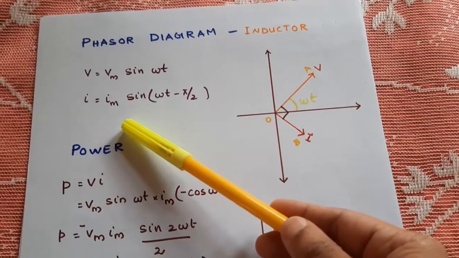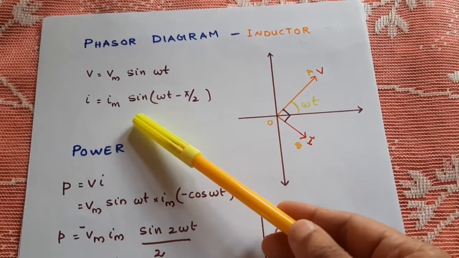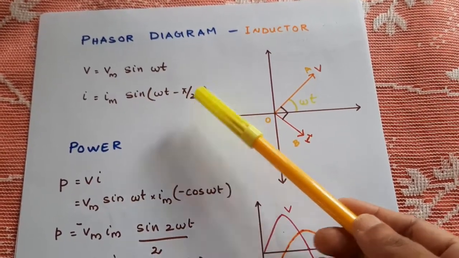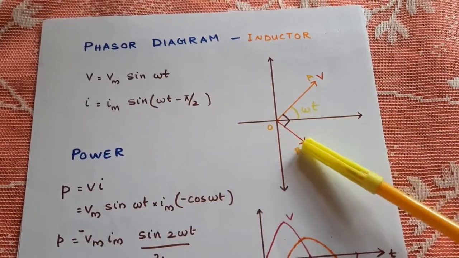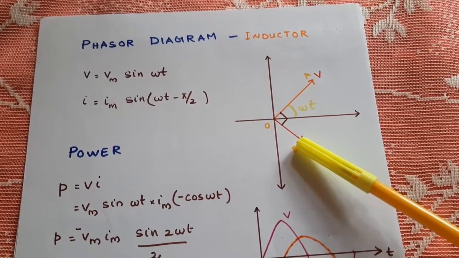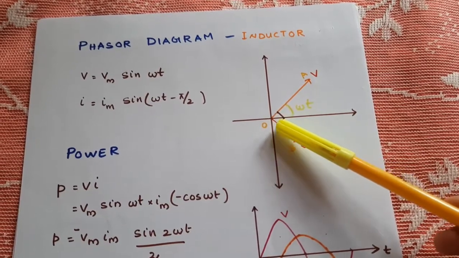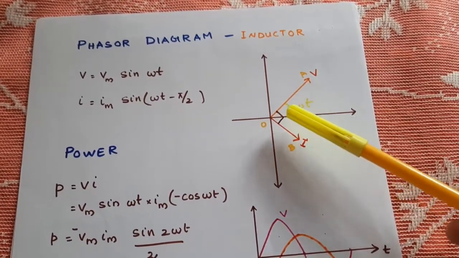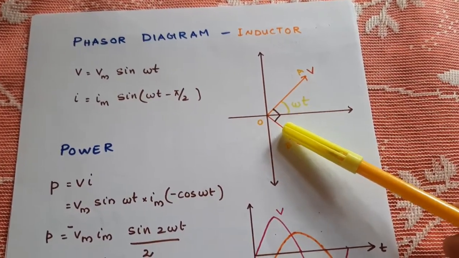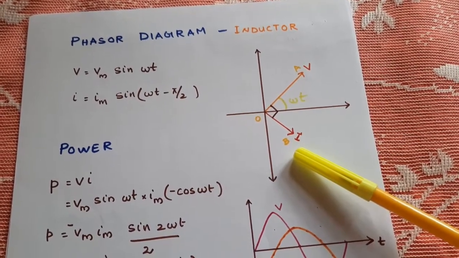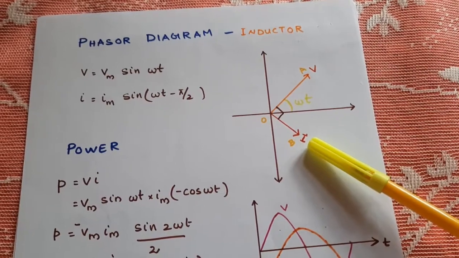And current in this circuit is I is equal to Im sin omega t minus pi by 2. So phase value of the current lags by pi by 2. So it is drawn in the negative direction. Clockwise direction is negative. And it is represented by OB. OB represents current phasor.